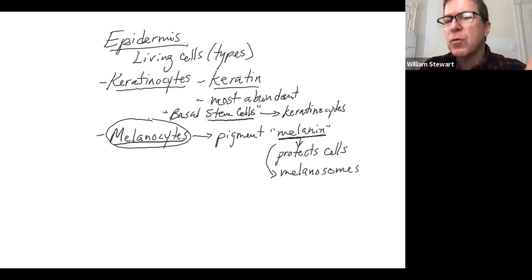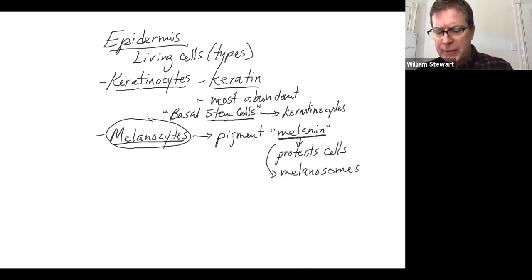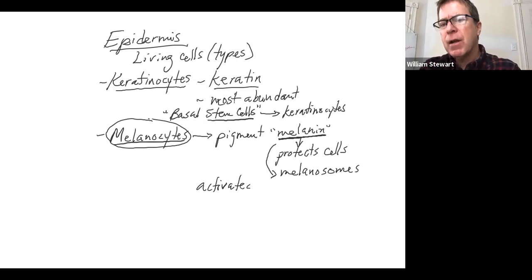And those melanosomes, which are just little granules filled with melanin, sort of ooze around the deepest layers of our epidermis, and they protect cells. They also make their way into keratinocytes and help protect them as well. So the last thing I'm going to say here, hopefully I'll have time to get to the nitty-gritty of this, is that these melanocytes are activated by UV light, ultraviolet light from the sun.